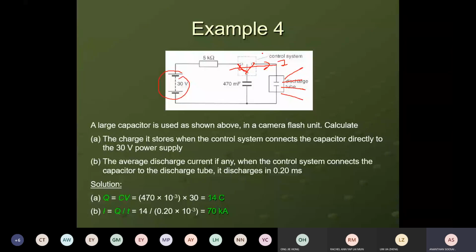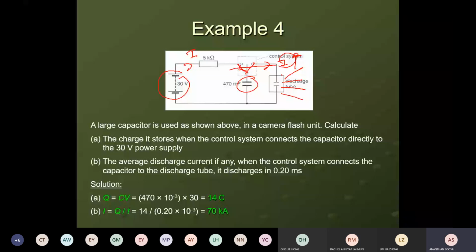With the 30 volt battery connected to the flash, the current flow is not as big as the current that comes out from the capacitor. With the capacitor straight away connected to the flashlight, the current is very huge. That's why we never connect the battery to the flashlight. The energy needs to be stored in the capacitor, and in just a few short moments all the charges of the capacitor will be released, resulting in a big current. So a bright light will appear.